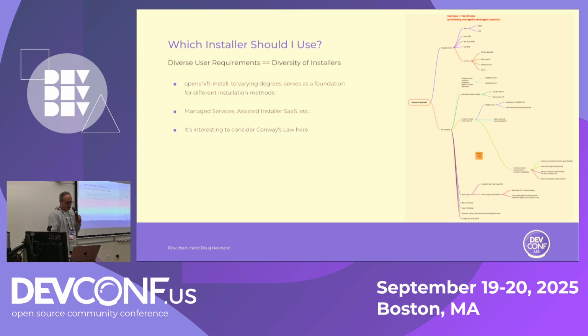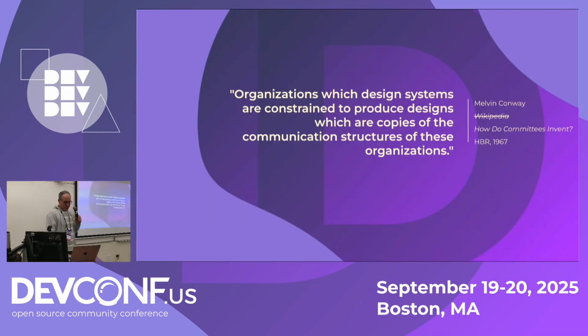I think that's an interesting case of Conway's law in action. I don't know if you guys know Conway's law. I do, of course, from reading his seminal paper, How Do Committees Invent, in the Harvard Business Review. That's a joke. It says organizations which design systems are constrained to produce designs which are copies of the communication structures of these organizations.